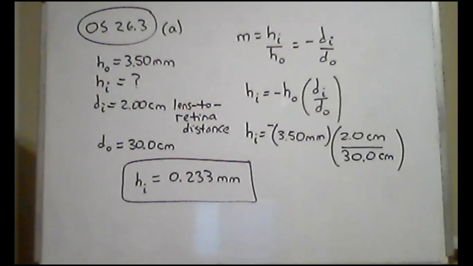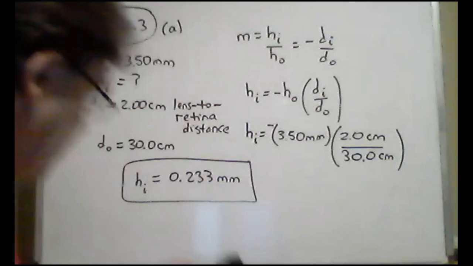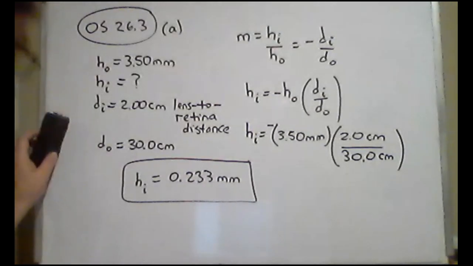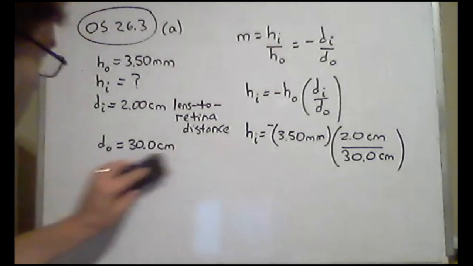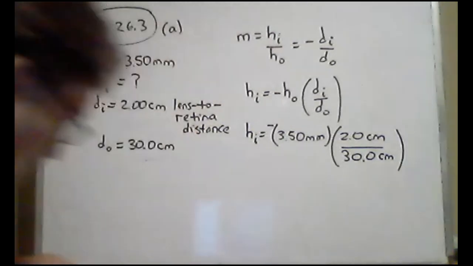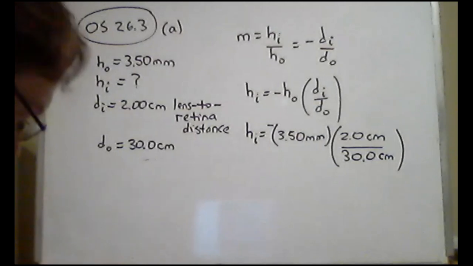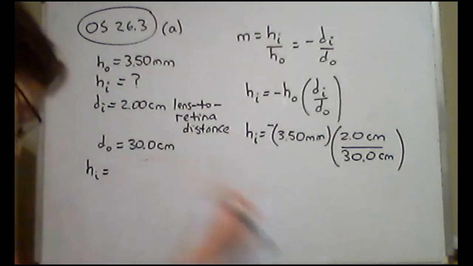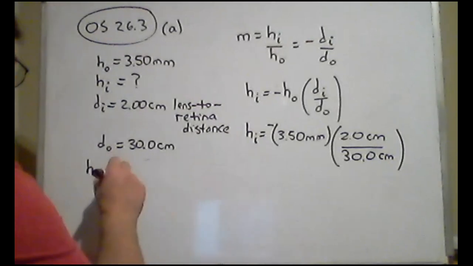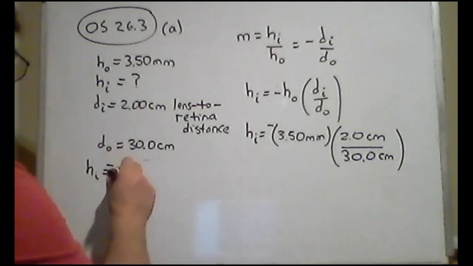Now, does this make sense? Well, let's see here. H sub I, remind ourselves, is just 0.233 millimeters. It's actually negative.